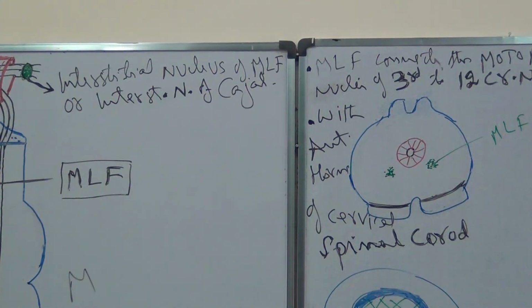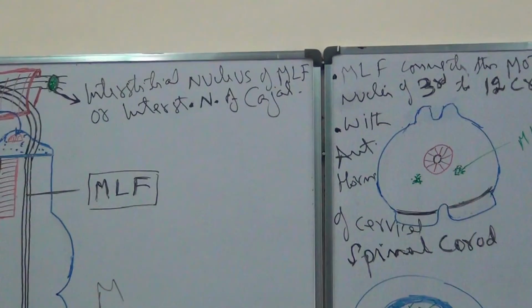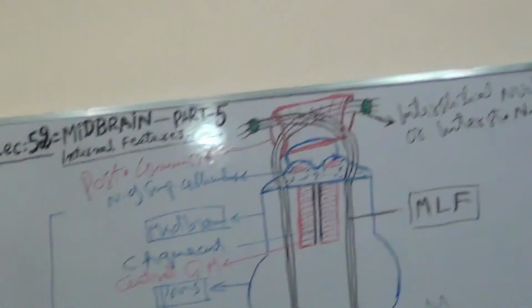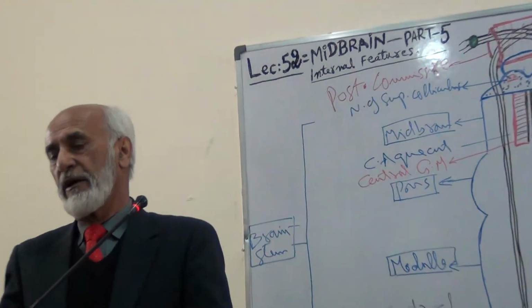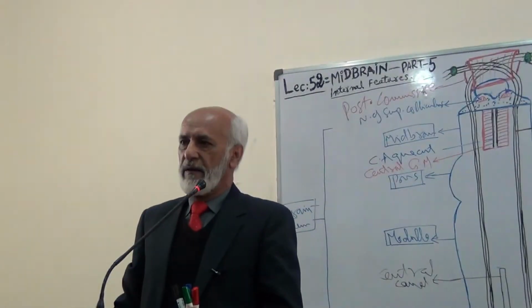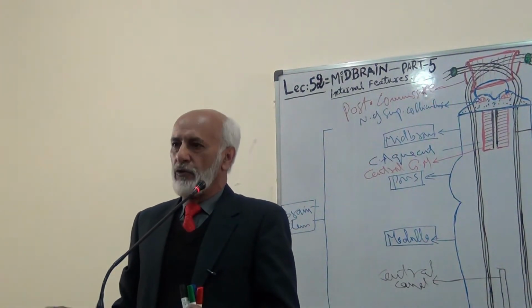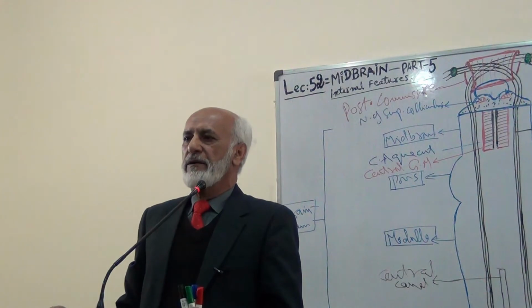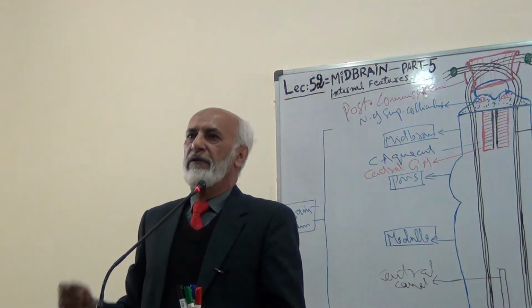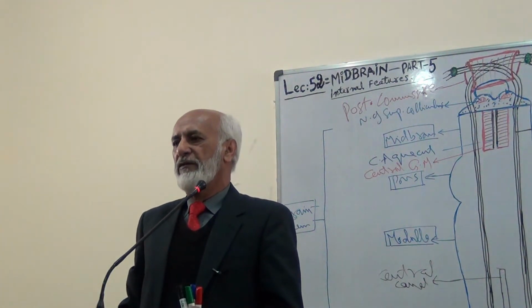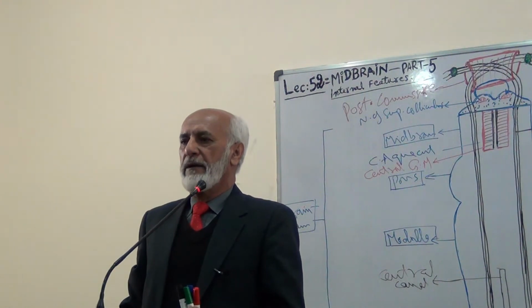Now this interconnection between the cranial motor nuclei of the 3rd to 12th cranial nerves and the anterior horn of the spinal cord is aimed at synchronized and coordinated movements of the eyes, face, tongue, head, and neck.